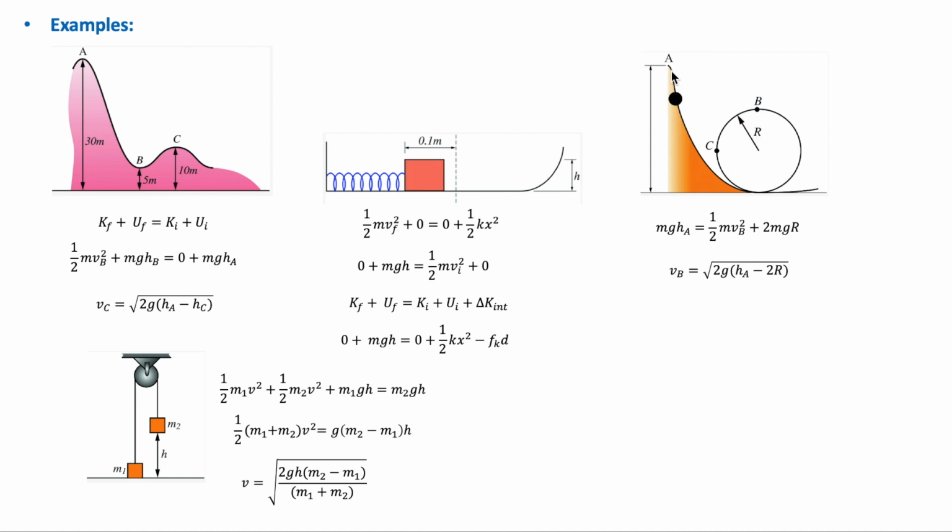So initially, all of the energy was potential energy and the speed of the object was 0, so it has 0 kinetic energy. Then as the object slides, its potential energy is transformed into kinetic energy.